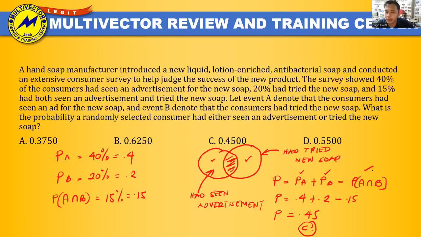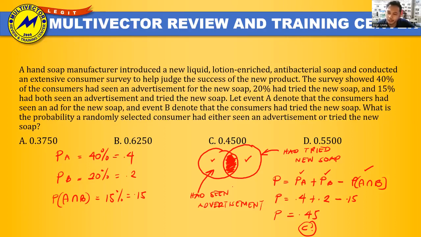Okay, of course, yung tanong kasi dito sa problem na to, okay, ano yung probability na either lang, no? Either nakita yung advertisement or di kaya naman ginamit yung soap. Pero hindi niya pwedeng nakita at ginamit. Okay, so had seen the advertisement and had tried the new soap. So, kaya hindi kasama yung value ng probability dito sa intersection.